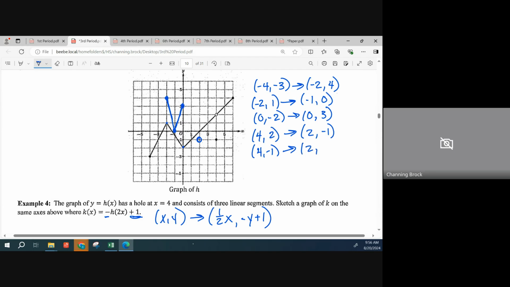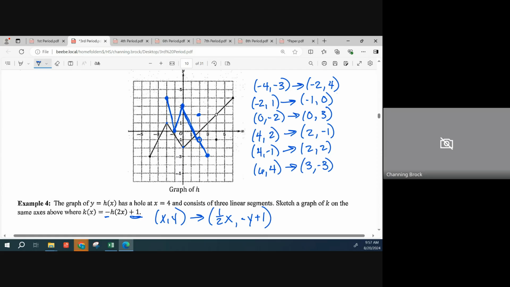So 2, 2. Right there. So here, connect the hole. And then the last point will be 6, 4. So that's 3, -3. Down there. So there's my graph.